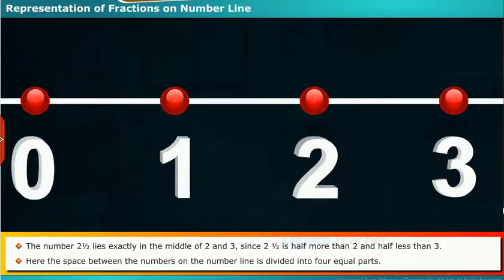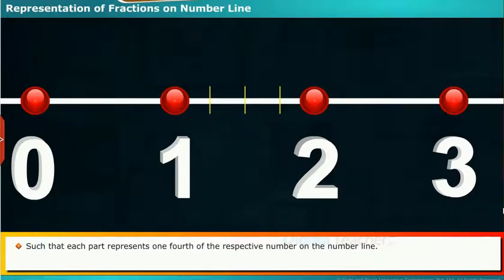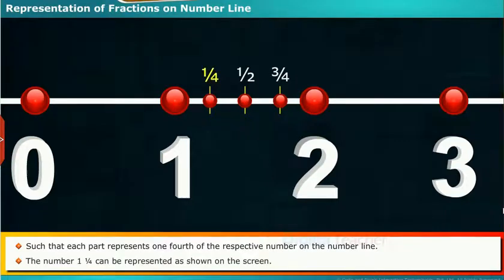Here the space between the numbers on the number line is divided into 4 equal parts, such that each part represents 1/4 of the respective number on the number line. The number 1 by 4 can be represented as shown on the screen.